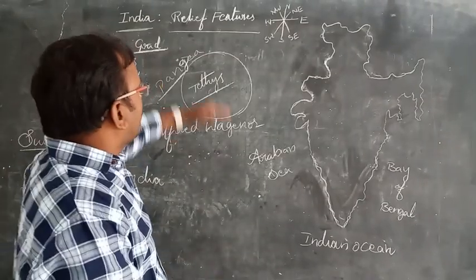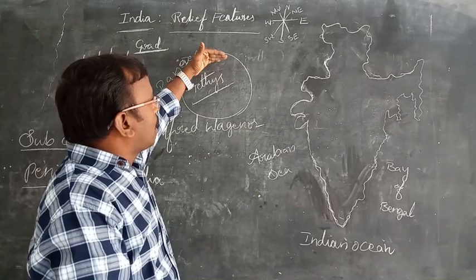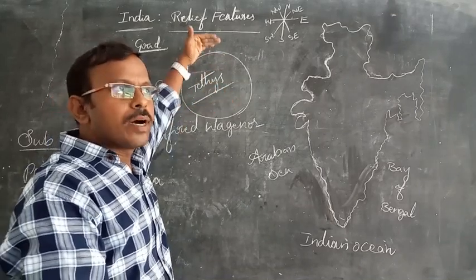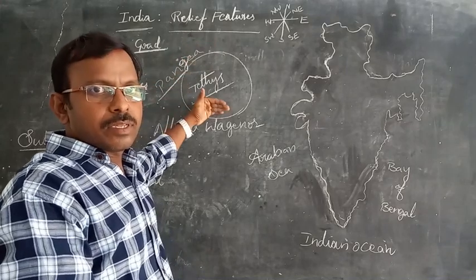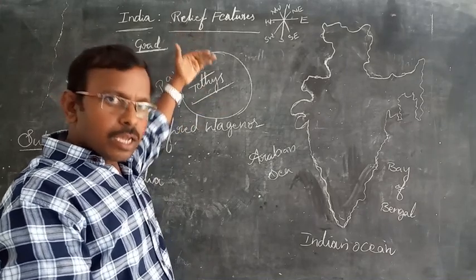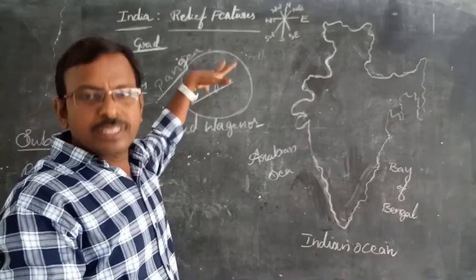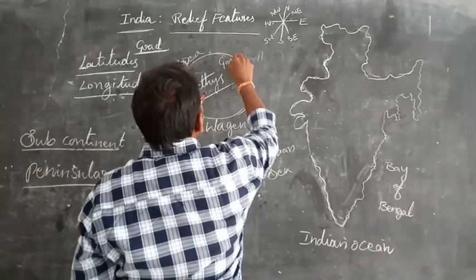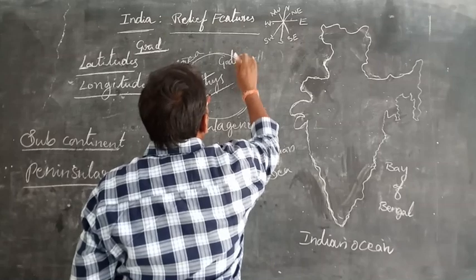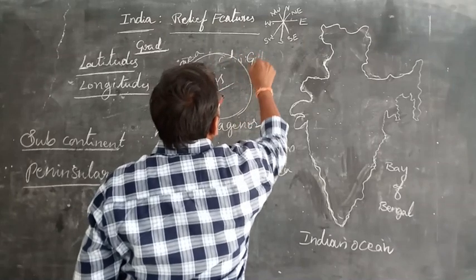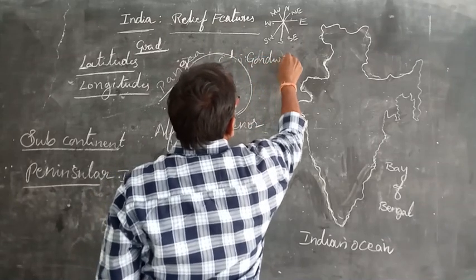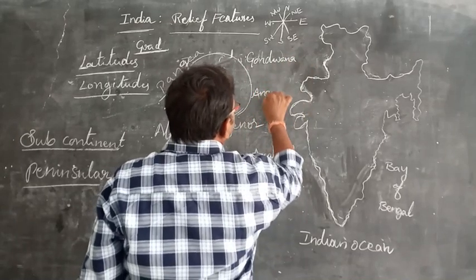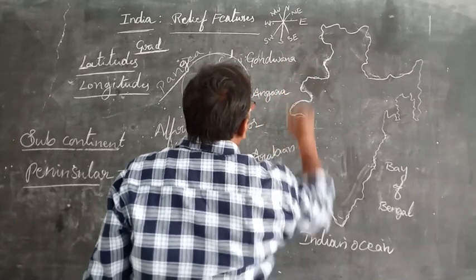That is Gondwana and Angara. Gondwana land and Angara, also known as Laurentia. Like that, it was divided into two lands. The north part is called Angara and the south part is called Gondwana.